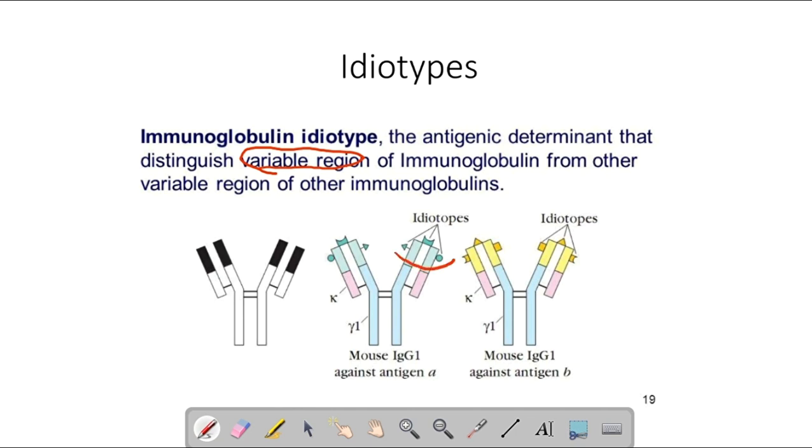This is the example of the idiotype: the antigenic determinant that distinguishes the variable region of an immunoglobulin from the variable regions of other immunoglobulins. Differences in the variable regions determine the idiotypes of the different antibodies.